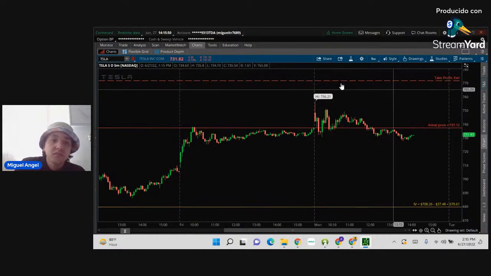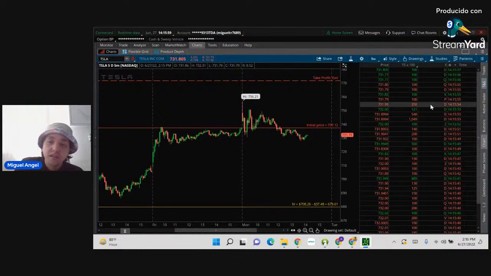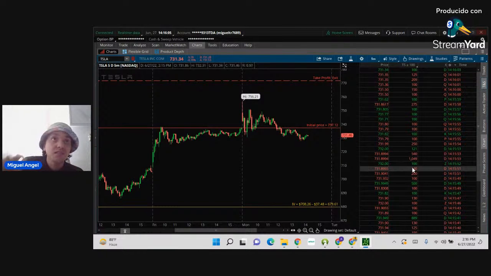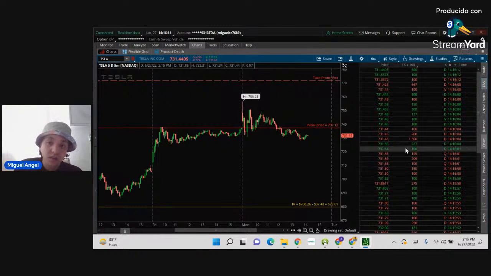Well, the first thing is whenever I have the 5-minute time frame, I use the times and sales, which is this area here. This is very useful because you can see how many people are selling in that same instant. So, for example, if I see that this whole times and sales is red, what that's basically telling me is that a lot of people are selling really aggressively.